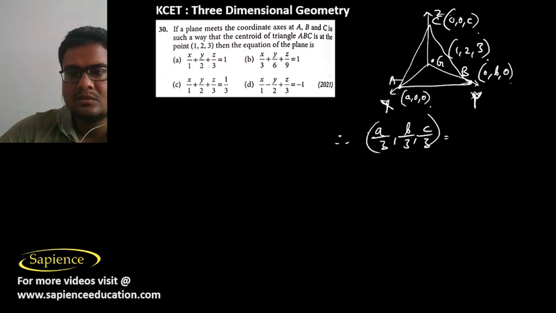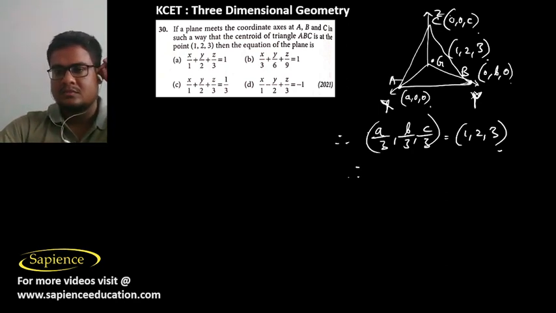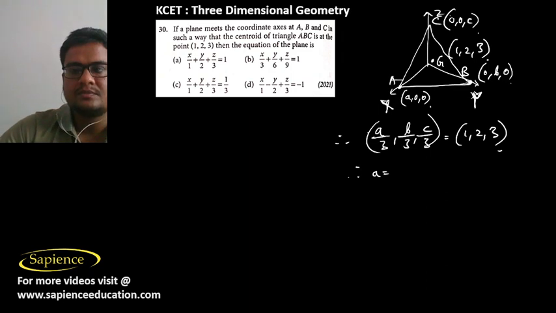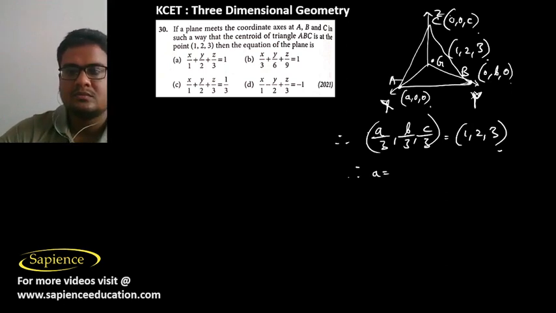So this is equal to 1, 2, 3. Therefore, the point A is... so that means A is equal to 3 and B is equal to 6 and C is equal to 9.